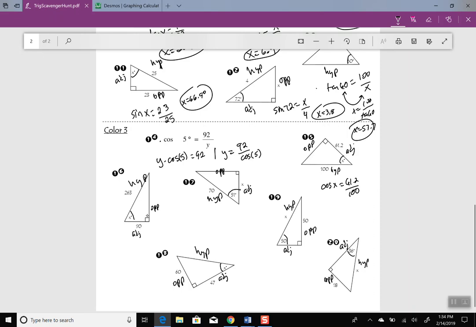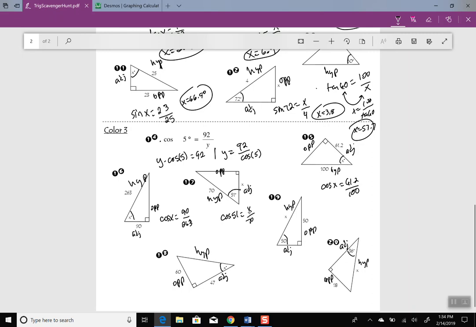So "ka" again has the a and the h in it. So cosine of x equals the adjacent over the hypotenuse. Number 17, I care about the adjacent and the hypotenuse, so that's going to be, again, cosine. Lots of cosines.